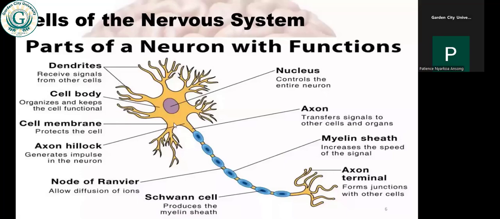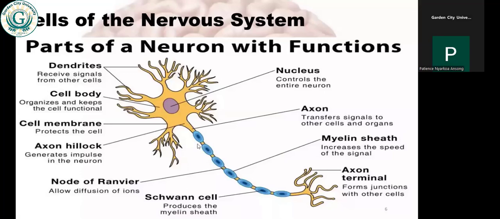And we have the axon hillock, the neck extending from the cell body, continuing with the axon. It's the axon hillock that is the point where a threshold is reached to generate an action potential along the axon. We'll talk more about it.